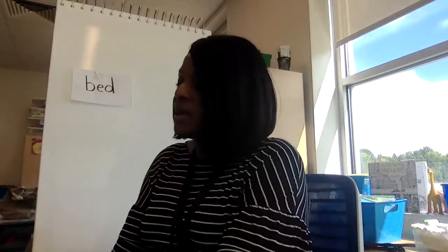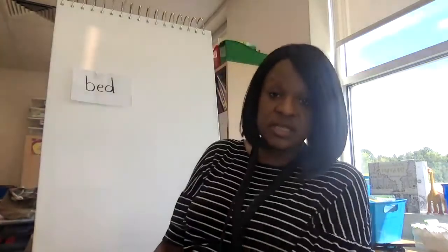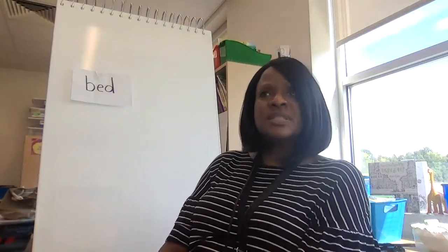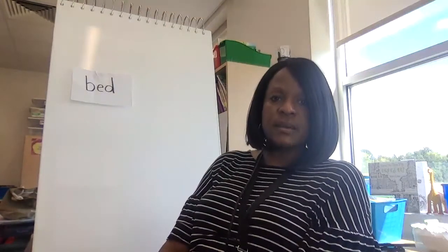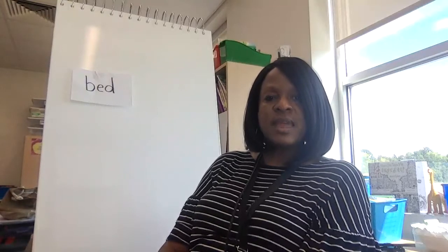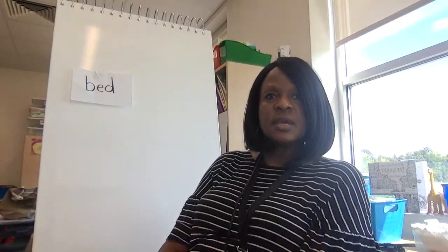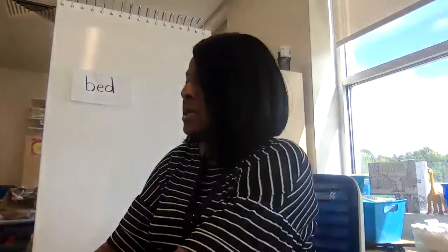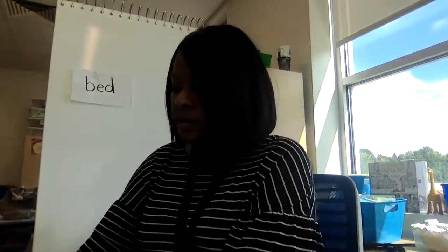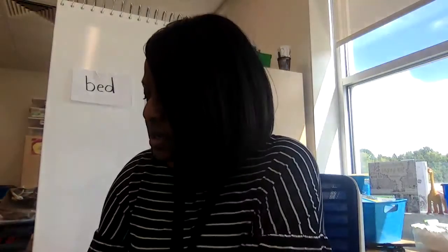Then we said, okay, let's start labeling some more things around the house. And she said, well, what about table? I said, that's a great place to put a label. Table. So what does table begin with? Good, a T. If you know the sound of the letter T, you would know that t is table.